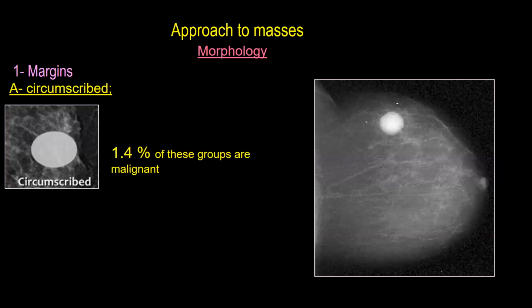What are the 1.4% groups of malignancy presented as circumscribed margin? Mucinous carcinoma. Mucinous, excellent. Malignant phylloides. Another M: metastasis, and medullary.